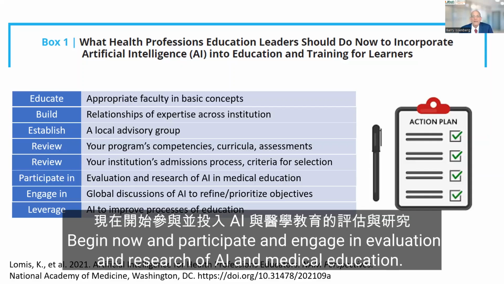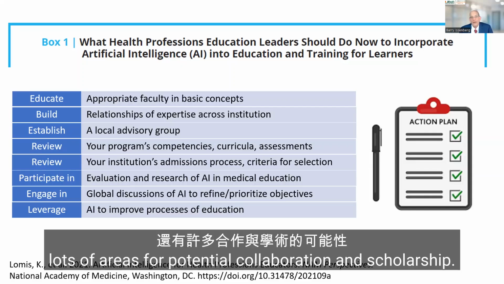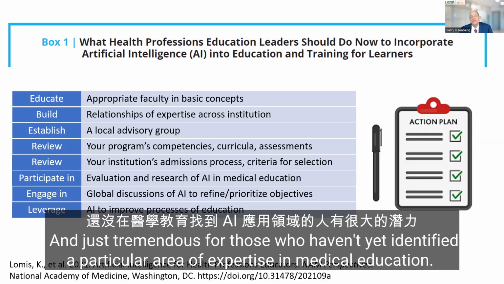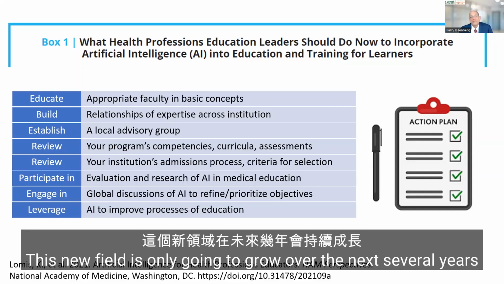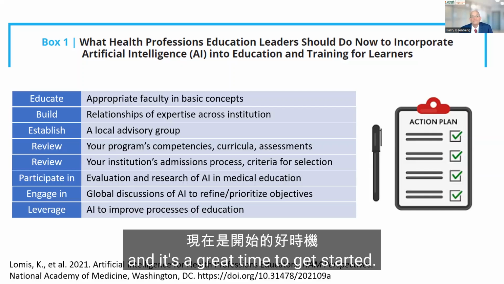Begin now and participate and engage in evaluation and research of AI in medical education. This is a brand new field with lots of opportunities, lots of areas for potential collaboration and scholarship, and just tremendous for those who haven't yet identified a particular area of expertise in medical education. This new field is only going to grow over the next several years, and it's a great time to get started.